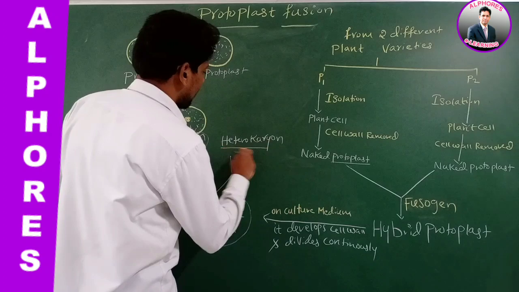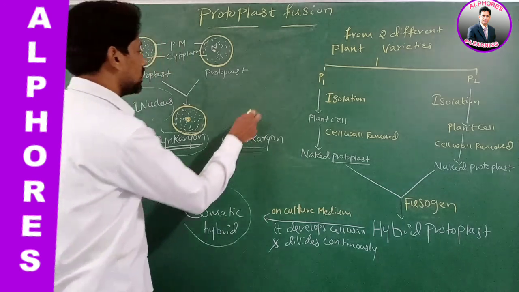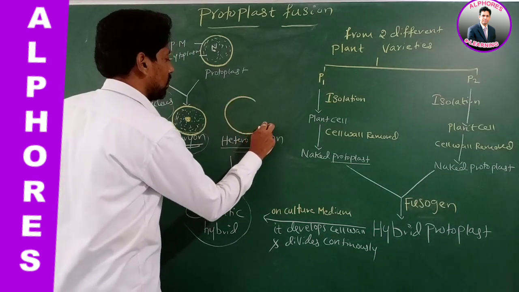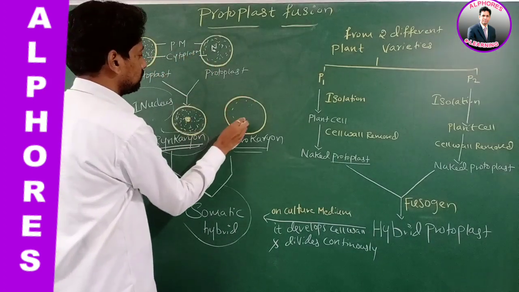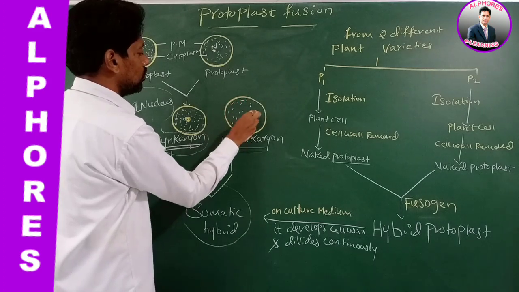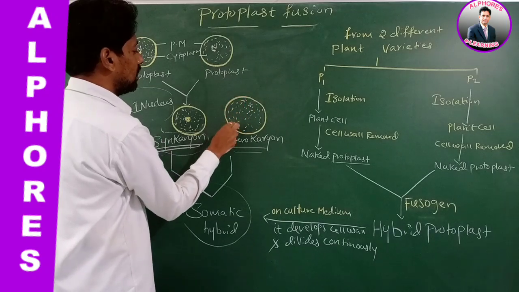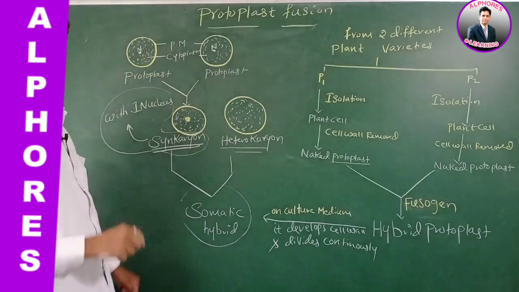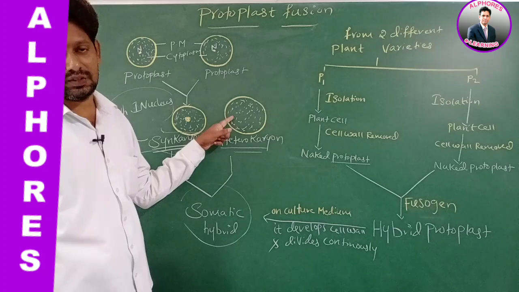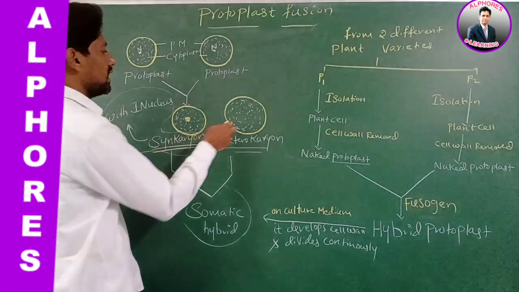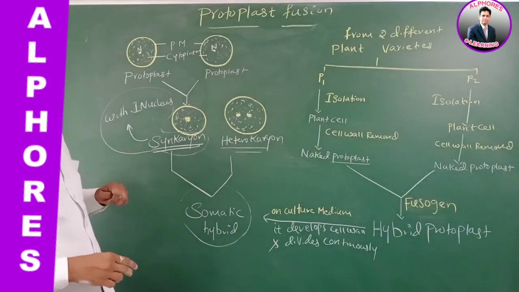Now, heterokaryon. This is a naked protoplast, and this is a naked protoplast. When these two naked protoplasts are fused with one another, the cytoplasm of this fuses with the cytoplasm of that. Fusion of cytoplasm has taken place, but nuclear fusion has not taken place.